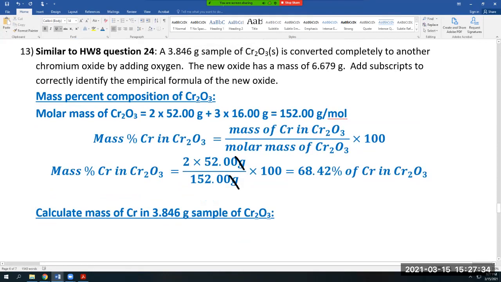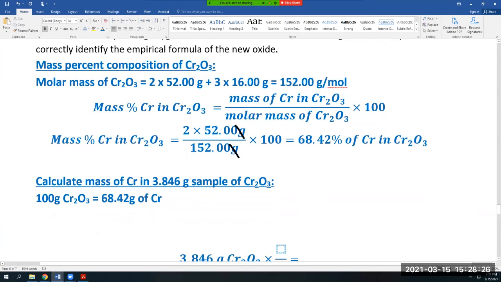And we will use the fact that in 100 grams of Cr2O3, we have 68.42 grams of chromium. That's what it means. So we will use that now as a conversion factor.